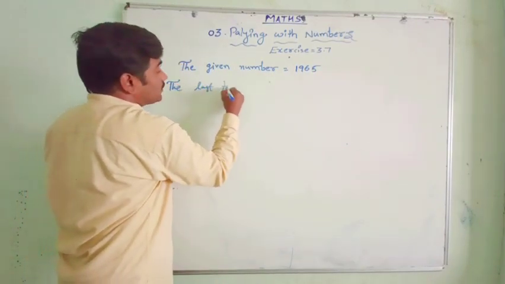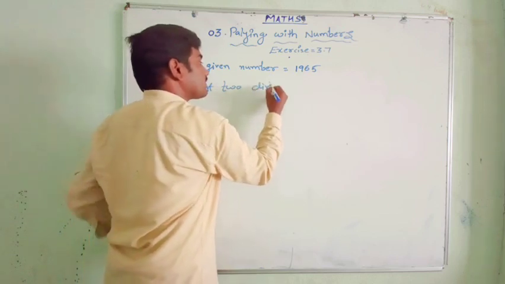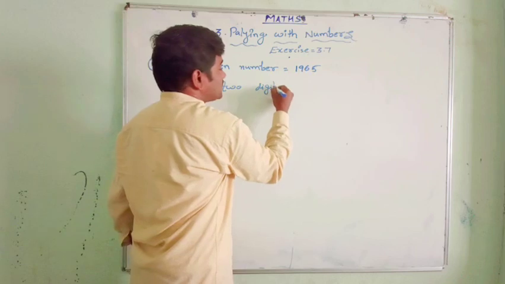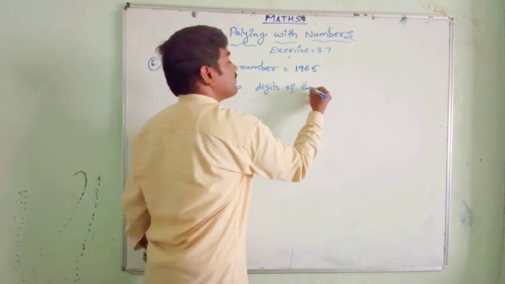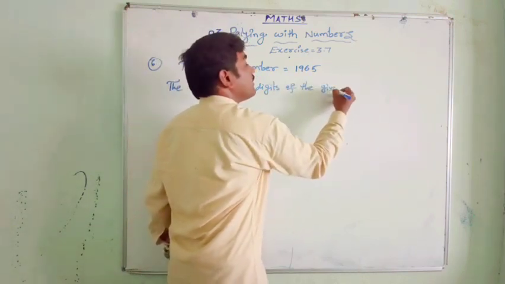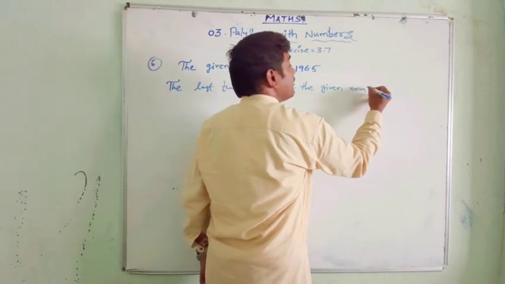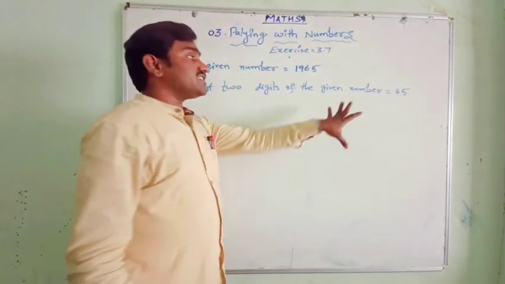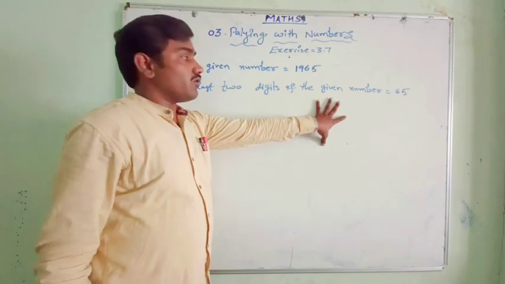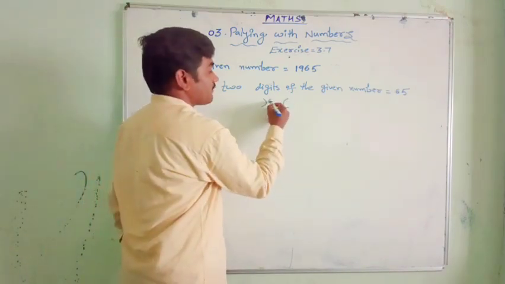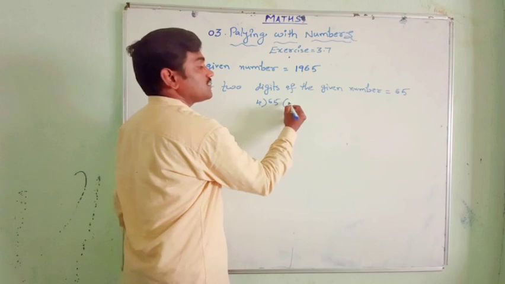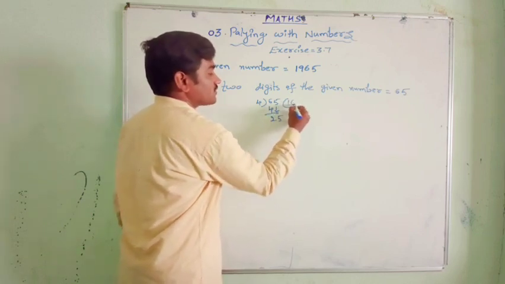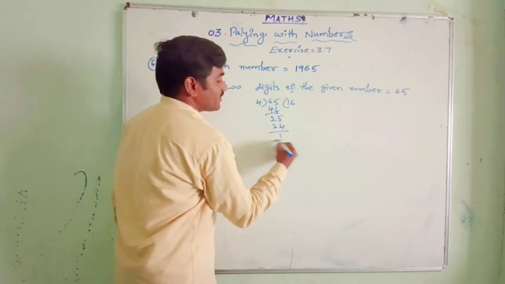The last 2 digits of the given number are 65. Is this 65 divisible by 4? No. If you divide 65, 4 ones are 4, 2 left here, 25, 4 6s are 24, 1 will be the remainder.